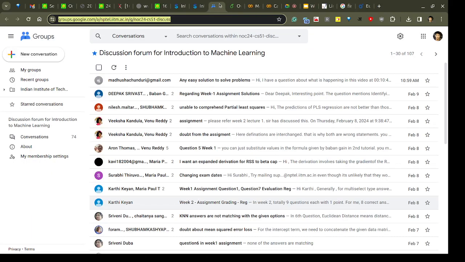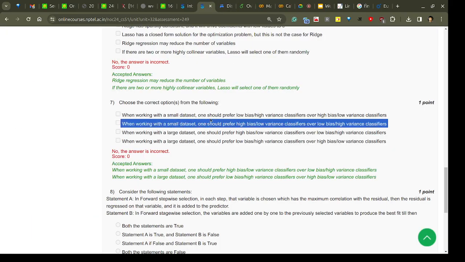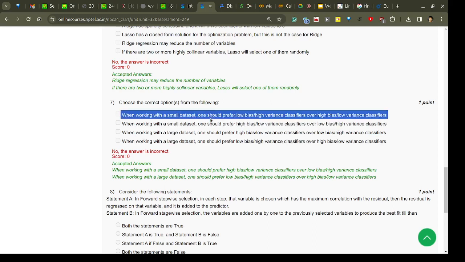It's fine. So basically, whenever we are working with a small data set, I think this is covered in the lecture also. We want to keep the bias low and variance high, such that we should keep bias as high as we can, but not like that.